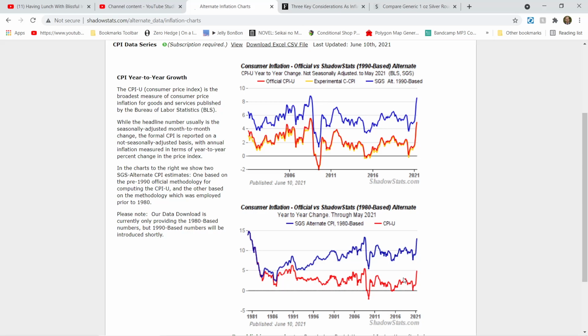So yeah, that's the government term for hedonic adjustment. So they'll say, oh, well, this is a better product, therefore it's a better value, and therefore it needs to be reduced in inflation, even though the price is obviously higher.